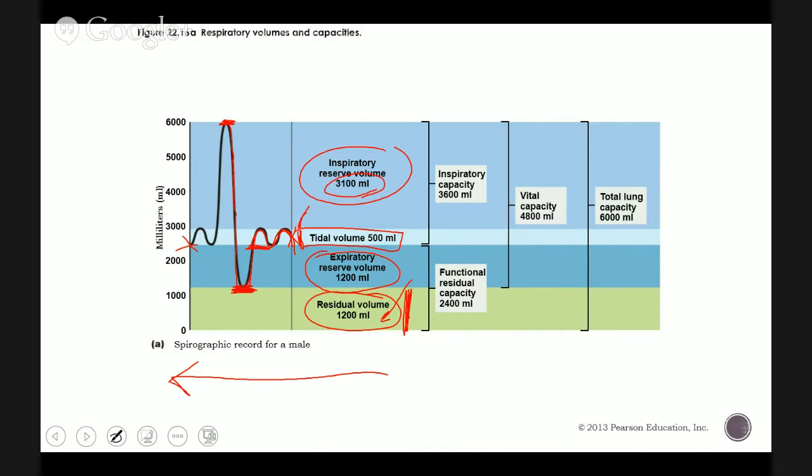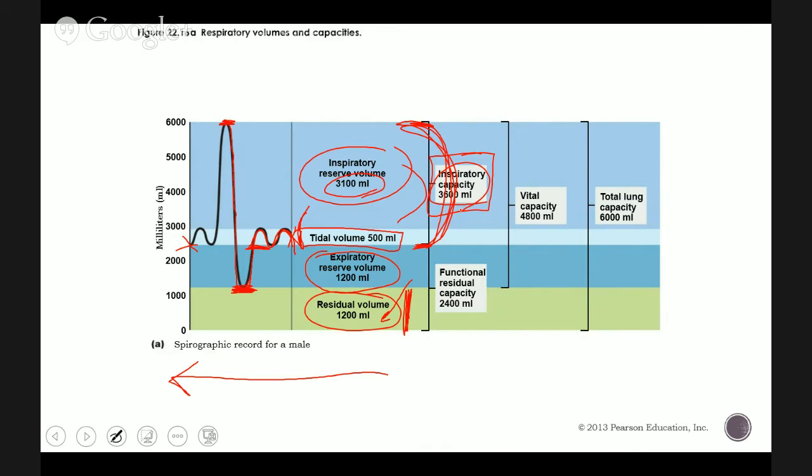So if we combine some of the volumes, then we get these capacities. So the inspiratory capacity, for example, is the total capacity that you have of inspiration here. So if you were to inspire, which is to breathe in, your inspiratory capacity on average is about 3.6 liters.